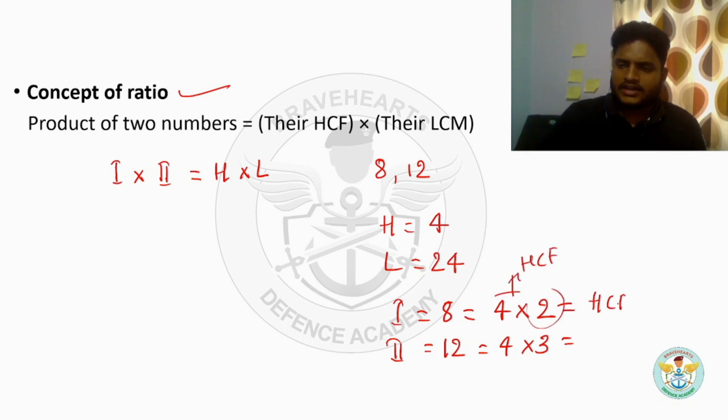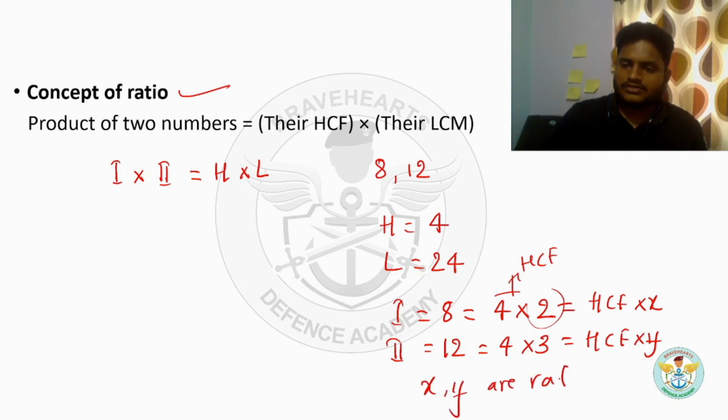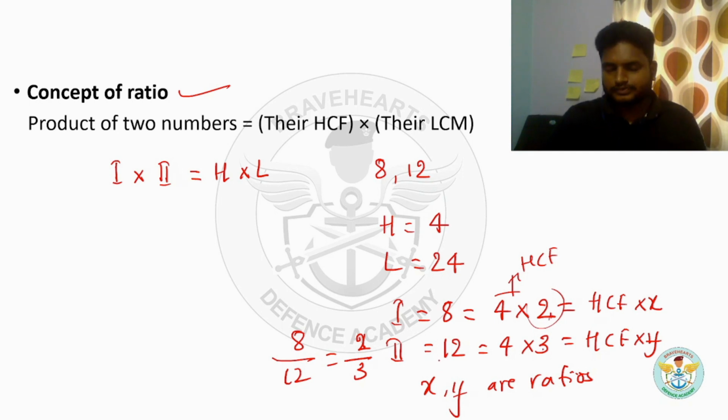So I can write your numbers as multiples of HCF like this, HCF into X and HCF into Y, where X and Y are ratios of the numbers. If you find out the ratio of 8 and 12, we'll get 2 is to 3. So 2 is to 3 here are ratios of the numbers.